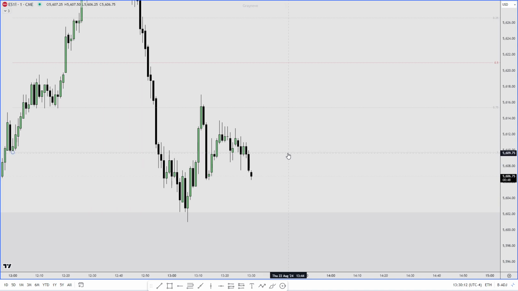It looks like it's not going to return here. This would be my short entry. It's 1:30 now, so we're looking for lunchtime highs and lows. Came all the way back up, but I was looking at this level here.